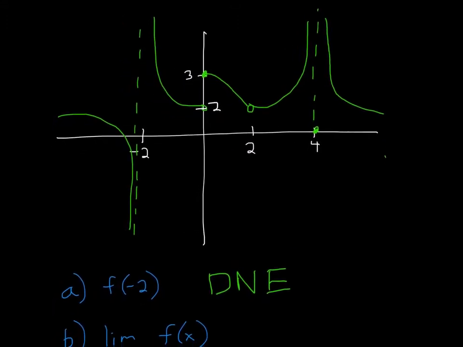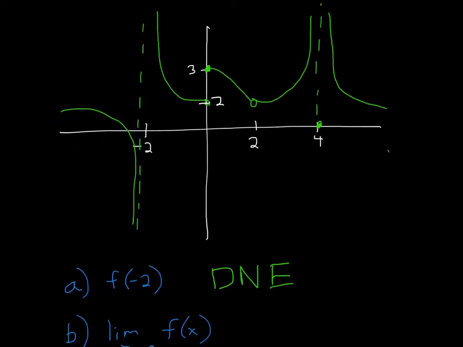The next one, you have the limit as x approaches negative 2. For a limit to exist, it has to exist on the left and right, and both numbers have to match. From the left, it's approaching negative infinity, because it never touches negative 2. As it's approaching negative 2, a limit is supposed to approach a y number, and this never approaches a y number.